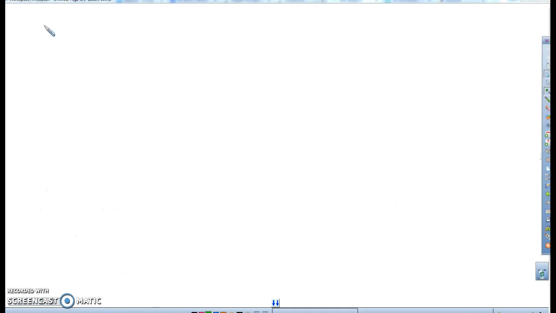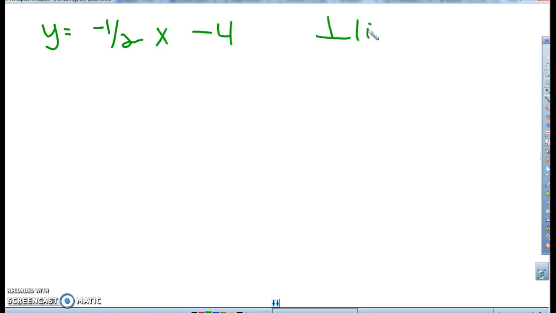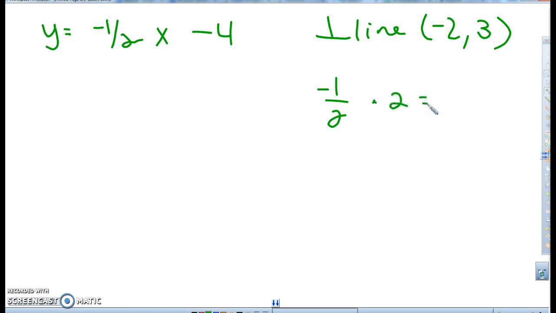If it's perpendicular, let's say we start with that, or something very similar, -1/2 x minus 4, and I want a perpendicular line that passes through -2, 3. Okay? So I know for a perpendicular line, I'm going to take the negative reciprocal of -1/2, which would be +2, because that would multiply to -1.